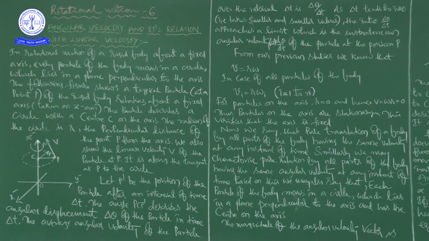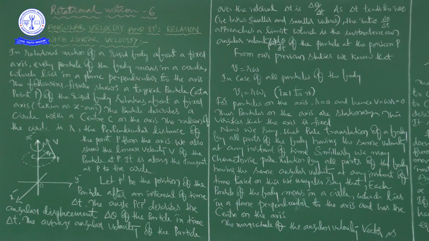But that is not our discussion now. Our discussion is, we are in the chapter of rotational motion, where a body is in rotational motion. From our previous classes, we learned what rotational motion is and the difference between rotational motion and circular motion. At the same time, we learned what a rigid body and a non-rigid body are.